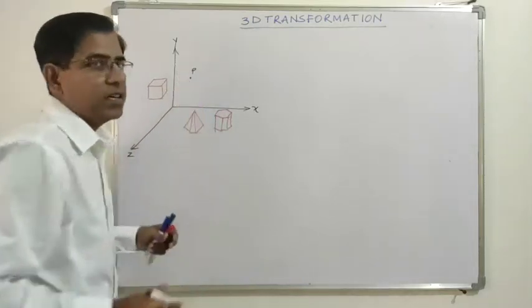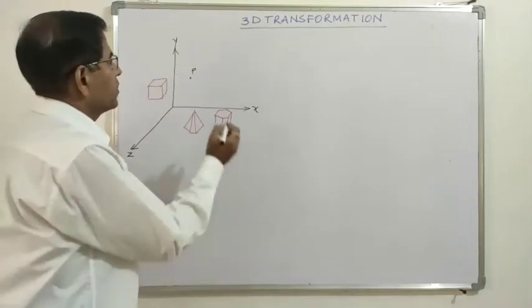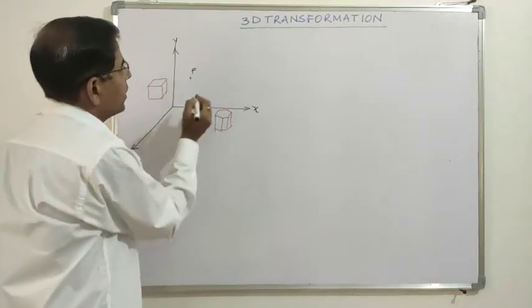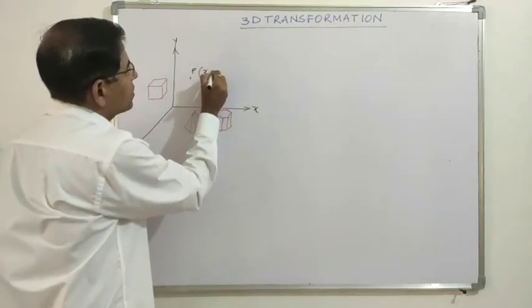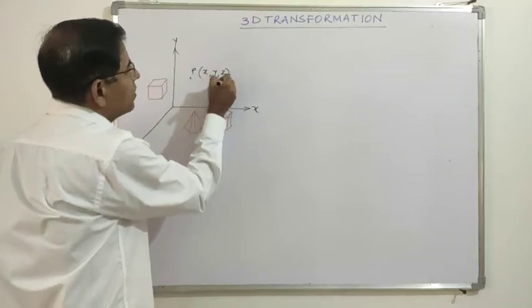point is represented in 3D transformation. Okay. So, consider this is a point which is having coordinate x, y, z.